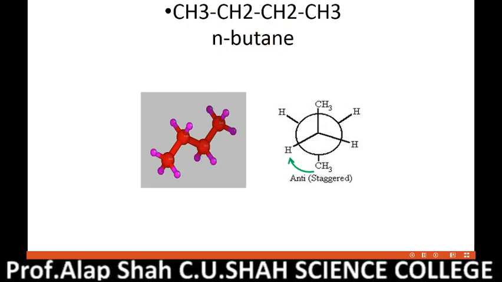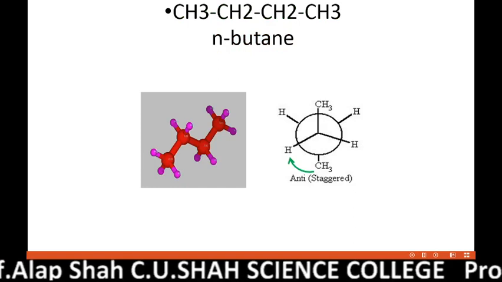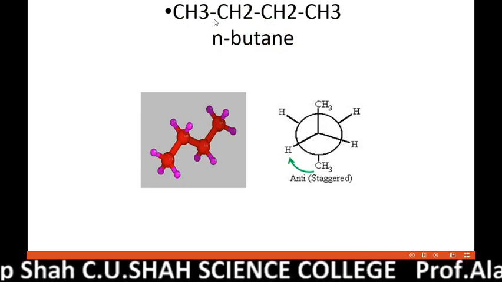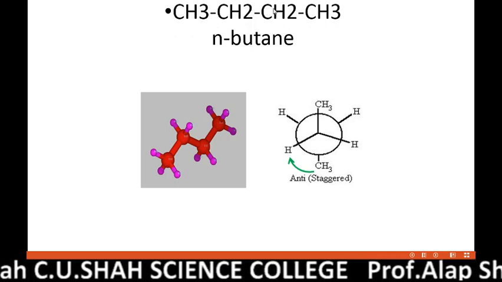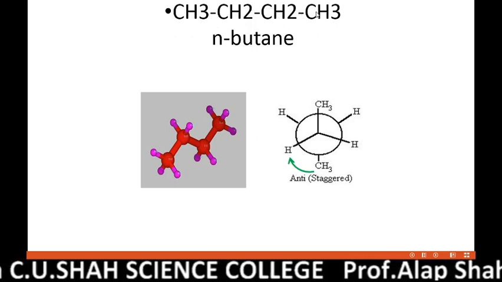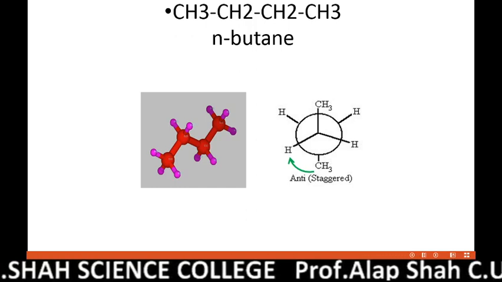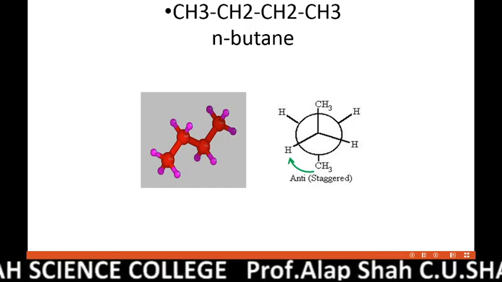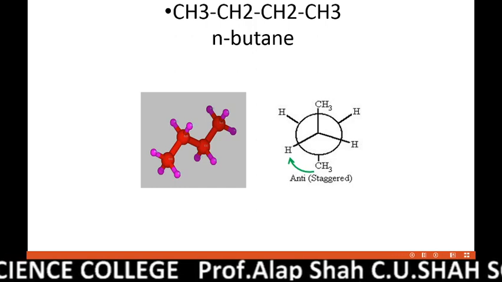We know that butane's molecular formula is C4H10. There are three carbon-carbon bonds. First one between the first and second carbon, second bond between C2 and C3, and third between C3 and C4. We know that all these carbon-carbon single bonds can freely rotate, and so many conformers of butane are possible.